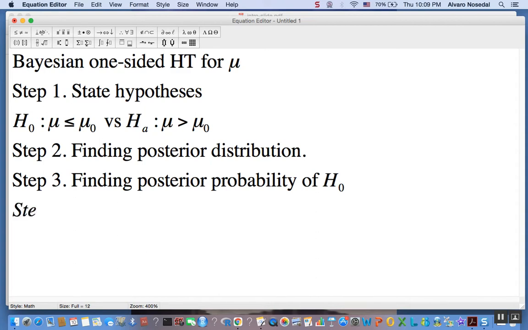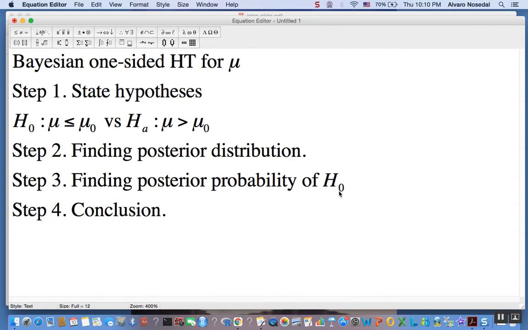It's the same thing. You provide your conclusion based on the size of your posterior probability of H0 rather than the size of a p-value. So that's the basic idea.